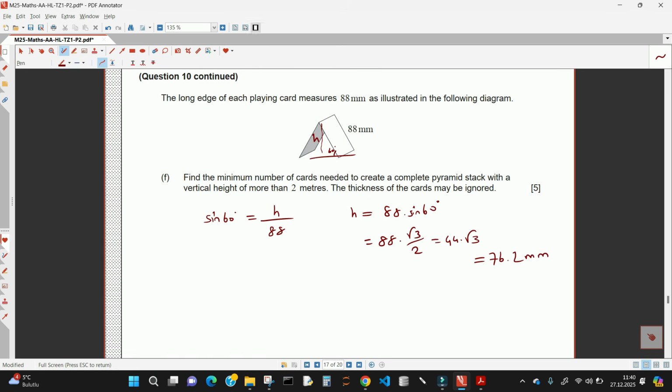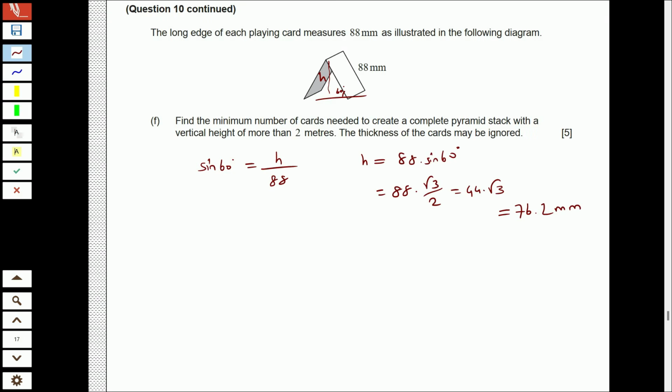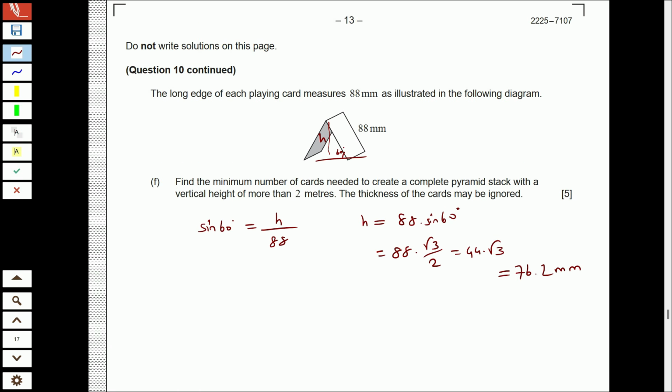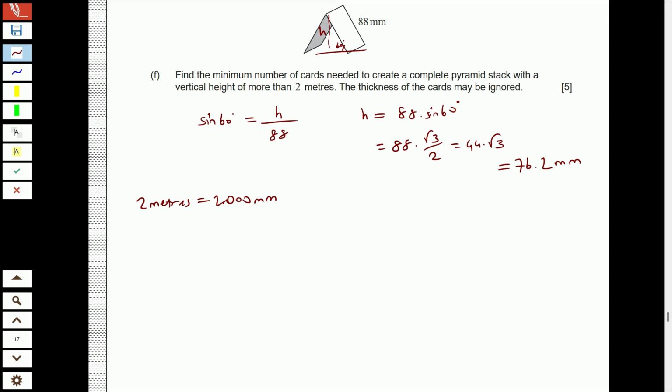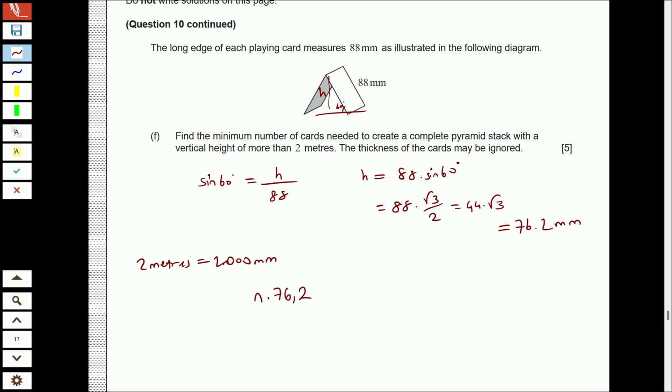Be careful. I'm looking for the vertical height of this completed pyramid stack to be more than 2 meters. So 2 meters equals 2000 millimeters, right? In this case, I don't know how many rows there are in this complete pyramid stack, but I know that if there are, for example, n rows, I will multiply it by 76.2, because I know the height of one row.